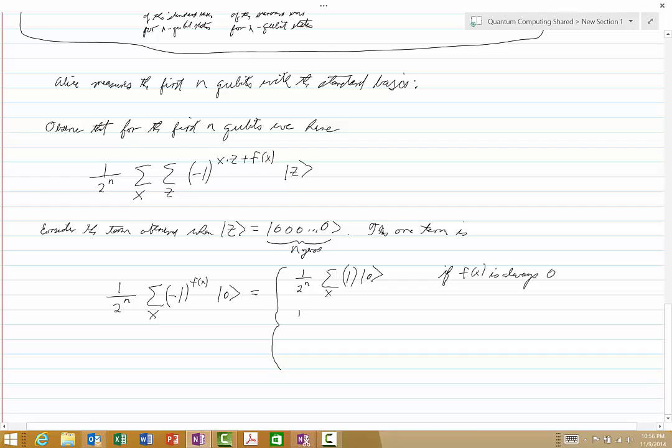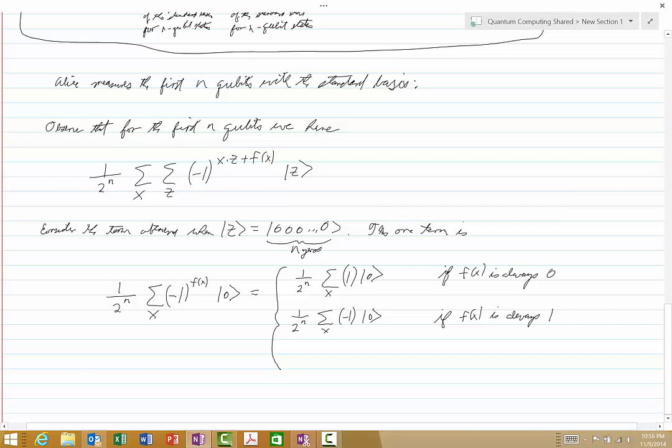It will be equal to 1 over 2 to the n, sum over x of negative 1 times 0 if f of x is always 1. And now what will it be if half the time f of x is equal to 0 and half of the time f of x is equal to 1?